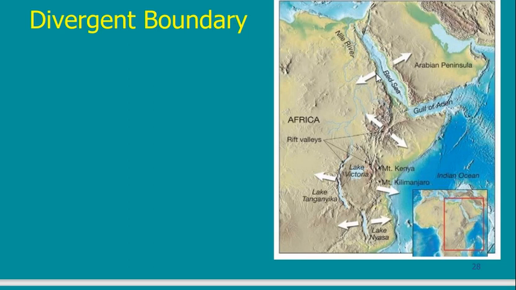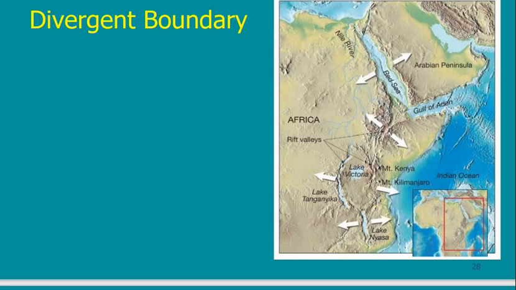To build a bridge, it should be stable from both sides. But if you have two sides moving away from each other, how can I put a bridge on top of it? And how can I put a support in the middle of the sea that goes kilometers below the ground? For the time being, it is impossible.